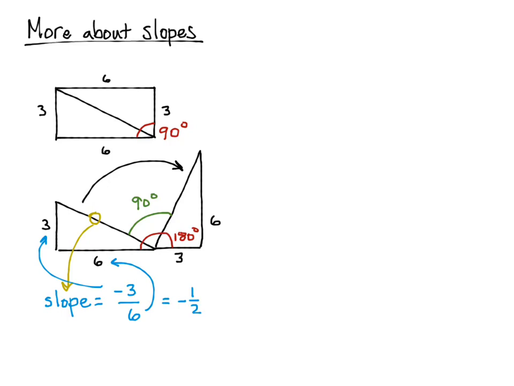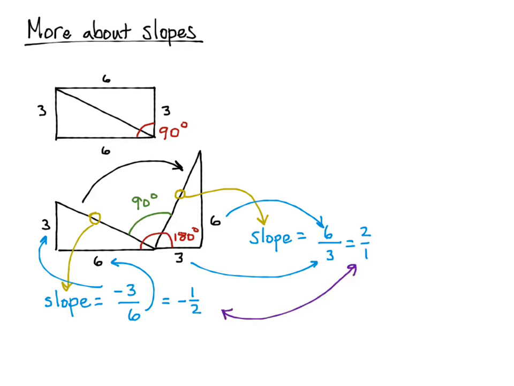Now if I look at the other line here, this one is going to go up 6 and over 3, so my slope here is going to be 2 over 1. And notice the relationship between the -1/2 and the 2 over 1.